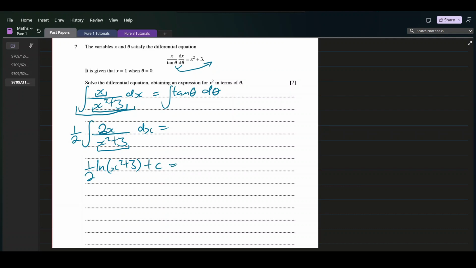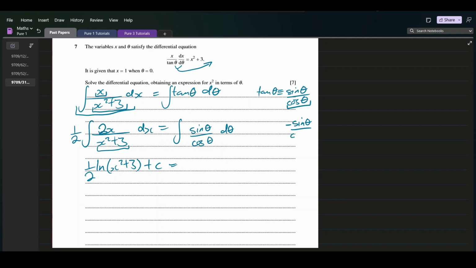Now let's look at the right hand side. We can rewrite tan theta using the identity that tan theta is identical to sine theta over cos theta. So this becomes the integral of sine theta over cos theta. Now we'll use the same method of integration as we used on the left hand side. If you differentiate cos theta, you get negative sine theta.